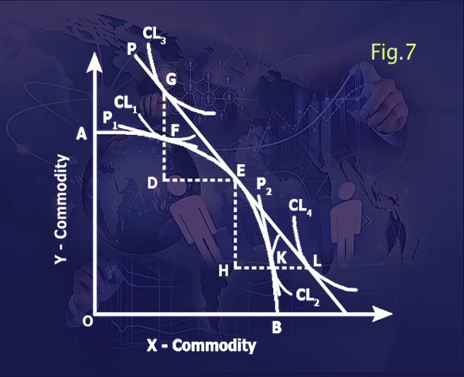Now, country A exports DE of X for HE of Y of country B. Thus, with increase in demand, the capital intensive country A exports the labor intensive commodity X and the labor intensive country B exports the capital intensive commodity Y. This is the case of demand reversal, which also explains the Leontief paradox.